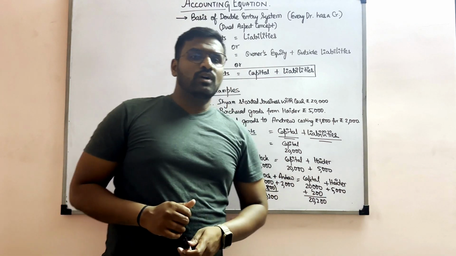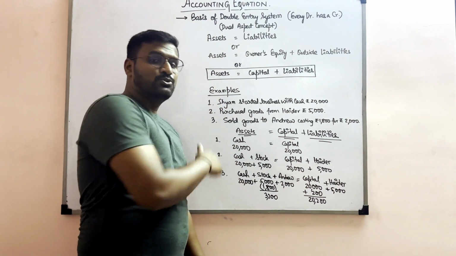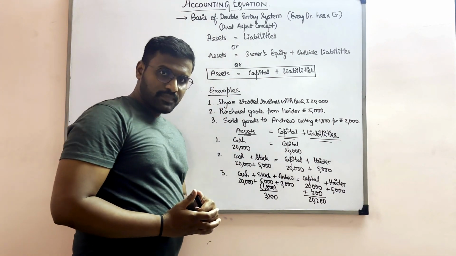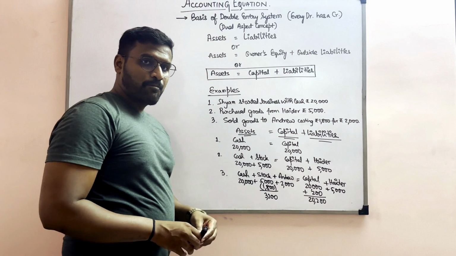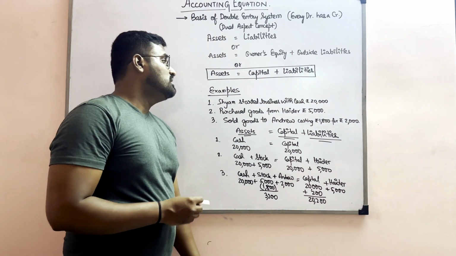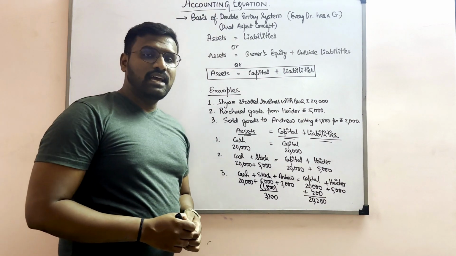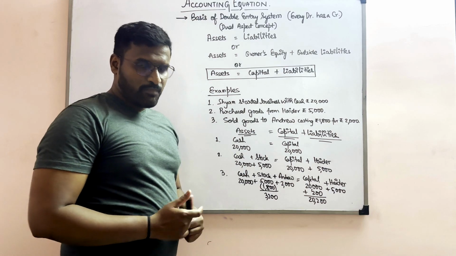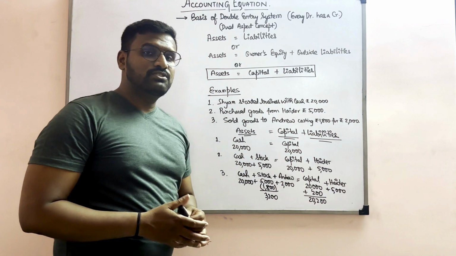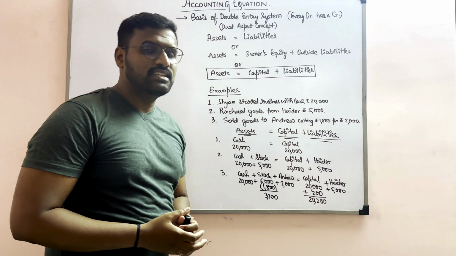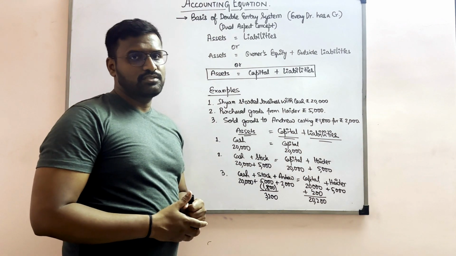Well, let's try to understand whether it really is true for all transactions or not. Let's take a few examples here. The first example tells you Sham started business with cash of rupees 20,000. Now, we can understand here that Sham is the owner of the business who is investing money in order to start the business.